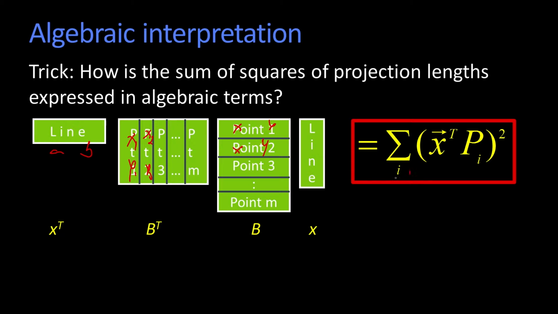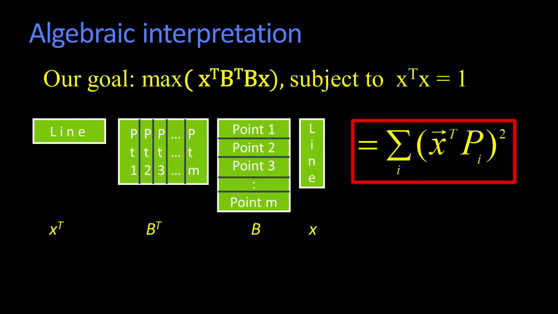It's the sum over all the points of the square of the magnitude. So algebraically, maximizing the projected distance can be written like this.